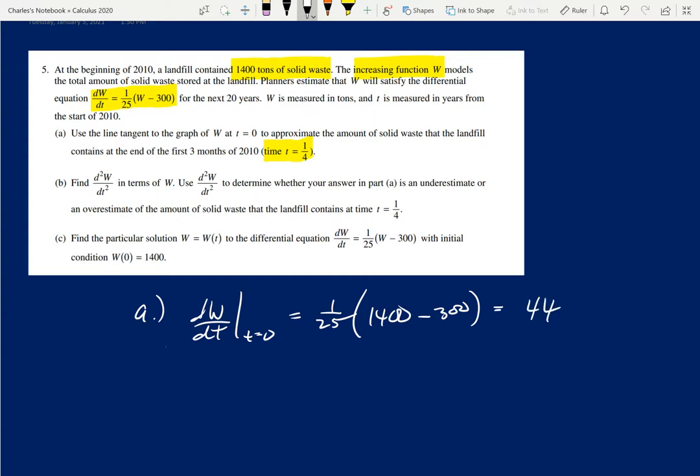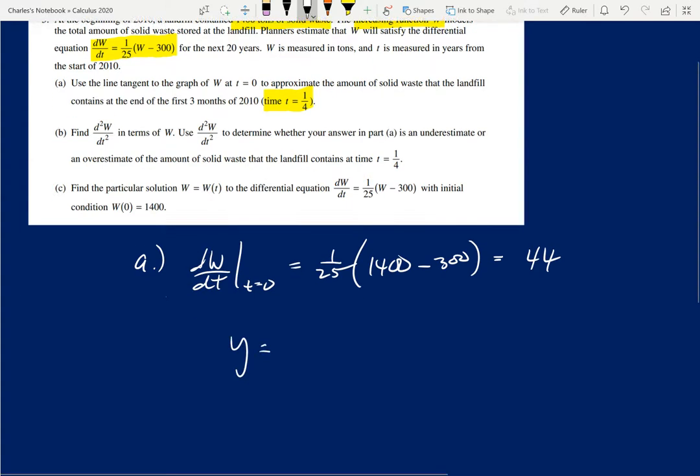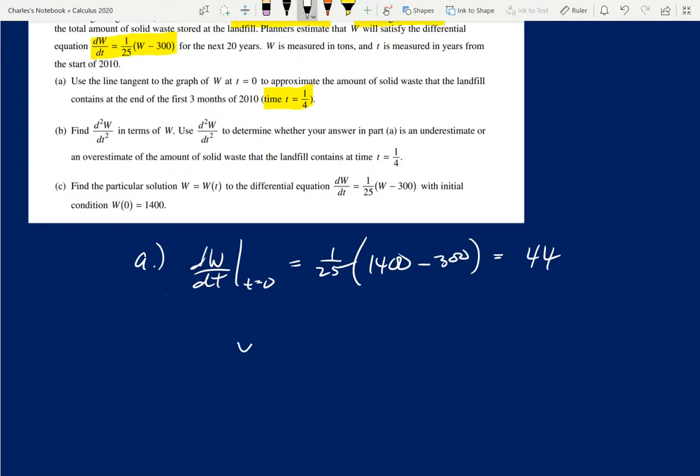And so then the problem says approximate the amount of solid waste that the landfill contains at the end of the first 3 months. Oh, sorry, it does say use the tangent line. We would want to do y minus y1 is equal to m times x minus x1.